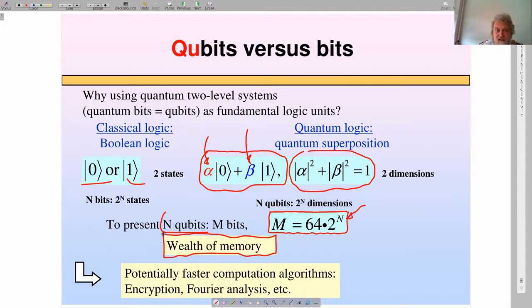That doesn't quite work, and you know that, at least you've been told about this. This information cannot be really read or written as you can do with classical memory, right? If you do a measurement on a qubit, you collapse the wave function.